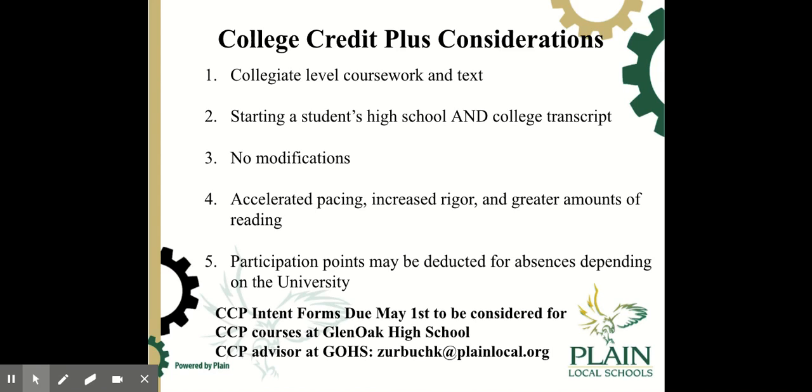Participation points are deducted based on the university, based on your attendance as well. So it really and truly is as though students are attending a college class. So we do really, really highly recommend that that's a very well thought out decision, especially at the freshman level. You want to think about coming into high school and really mastering honors level high school courses before CCP, which is typically what we recommend for our freshman students.